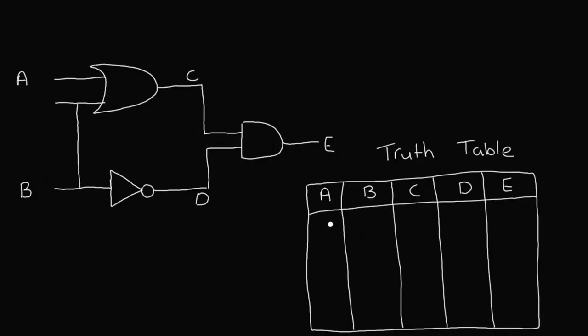So for example, we might be given A's input value and B. For example, we might be given the value 0 for A and the value 0 for B, which would mean we start off here with our 2 inputs being 0 and 0, and for B our input is also going to be 0. And from this we can figure out the other 3 values.